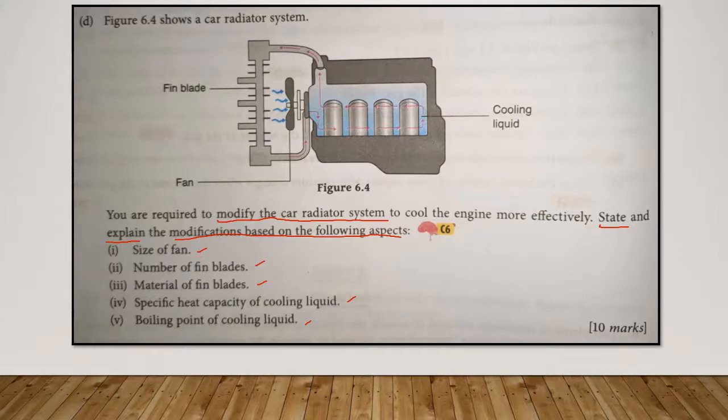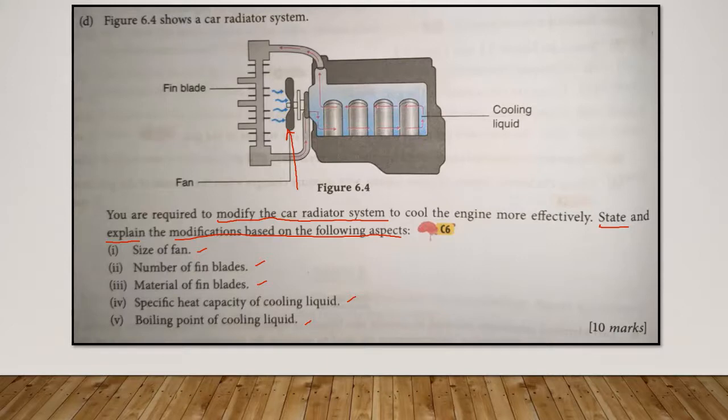Yang pertama ialah size kipas. Ini kipas. Size this one. This is a fan. Okay, number of fan blade. Bilangan fin tu, kipas tu, blade, dia punya bilangan ni. Lepas tu material of fin blade, atau bahan yang digunakan untuk membina kipas itu.